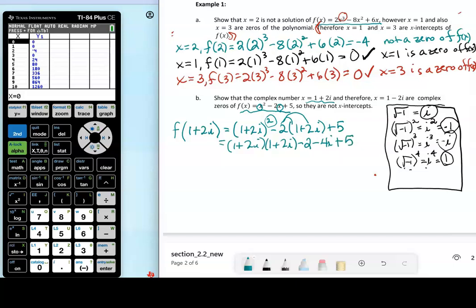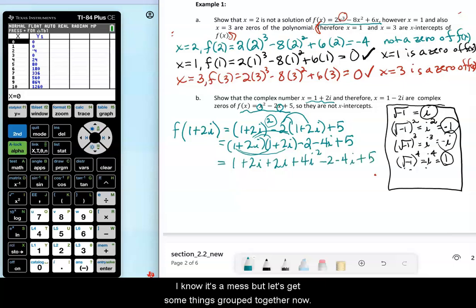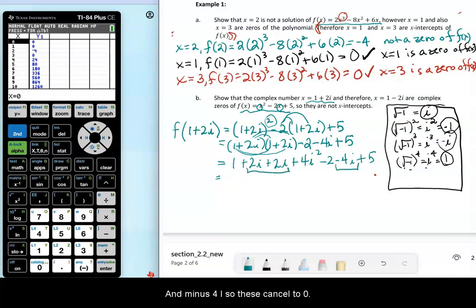Now, at this point, this is equal to 1 times 1 is 1 squared. 1 times 2i is 2i. Then 2i times 1 is 2i. And then 2i times 2i is 4i squared. I know it's a mess, but let's get some things grouped together now. We have 2i plus 2i, that's 4i, and minus 4i.